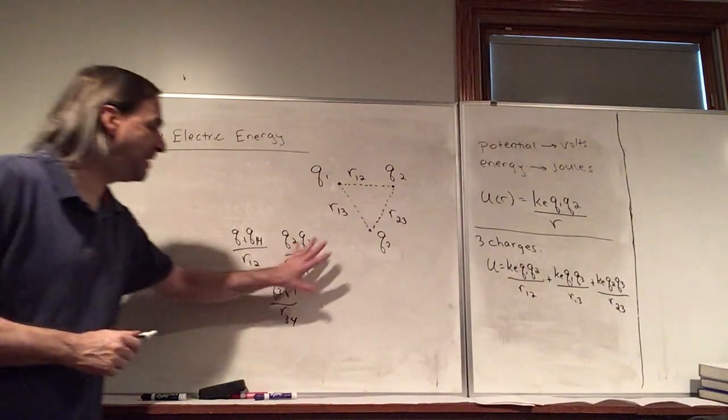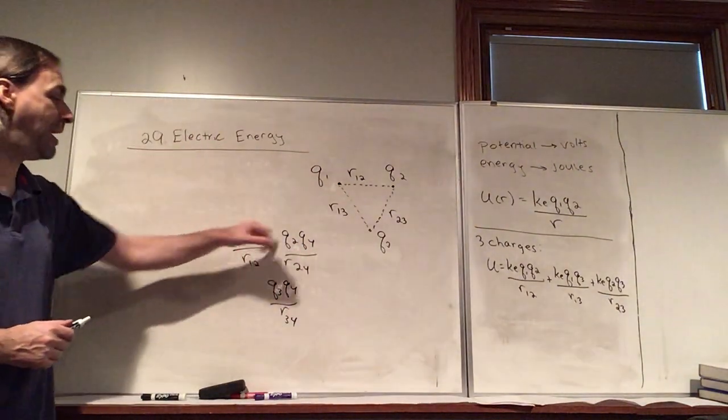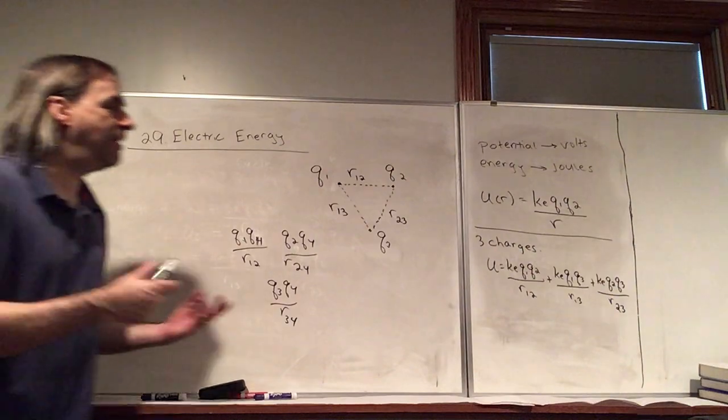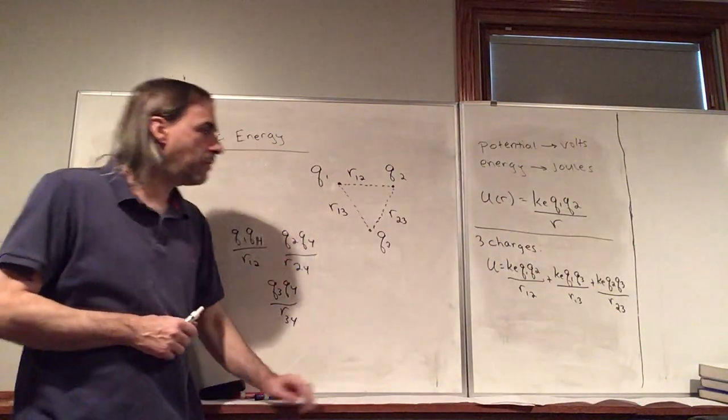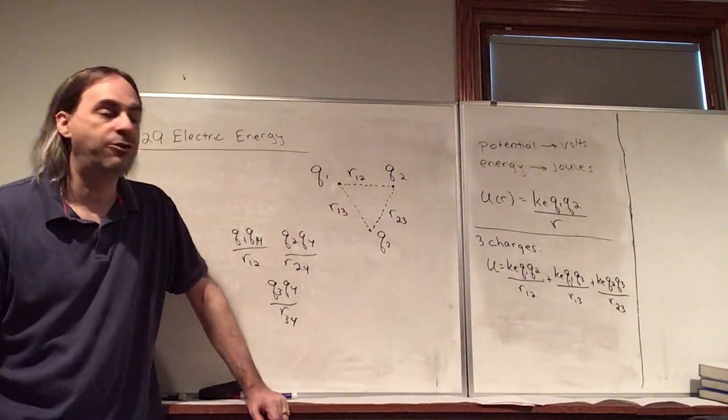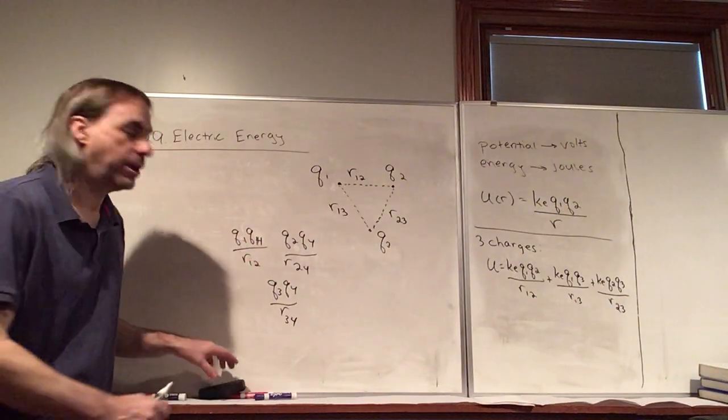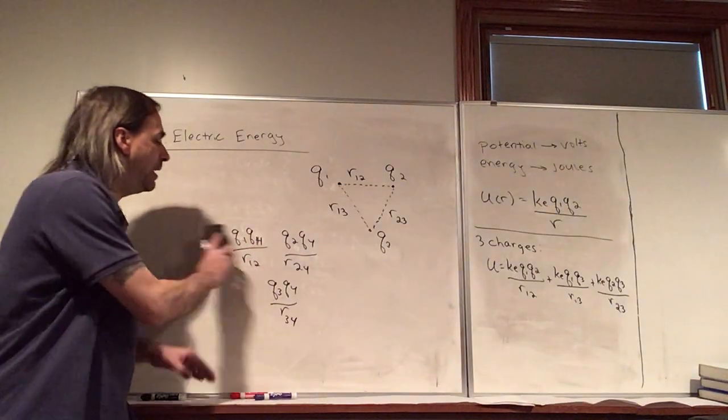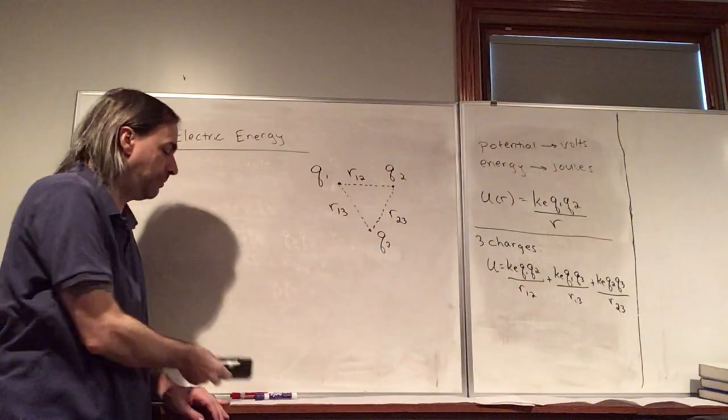So you'd have 3 additional terms, of course with a K in front of each. But basically the idea is, when finding the energy of a configuration, you look at all the pairs of charges, and each one has one of those terms.